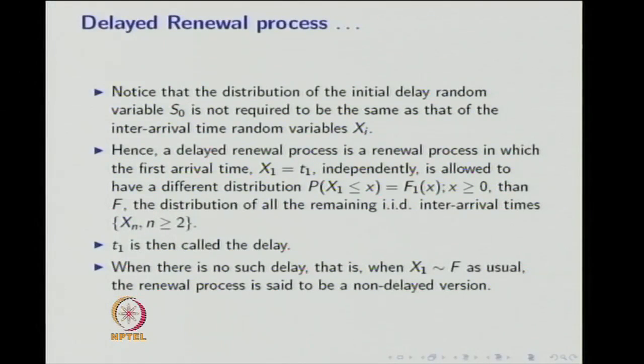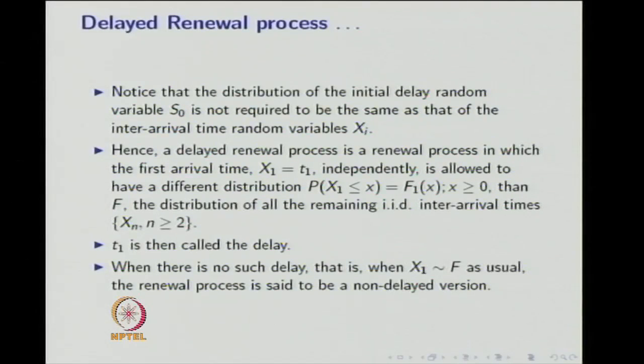Hence, a delayed renewal process is a renewal process in which the first arrival time X1 is independent and is allowed to have a different distribution, that is F1. The distribution of all remaining IID random variables is capital F. So F1 is different from F. The X1 is equal to t1, that is nothing but the delay.